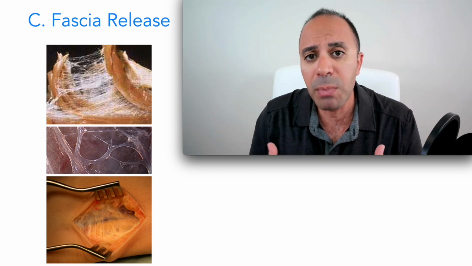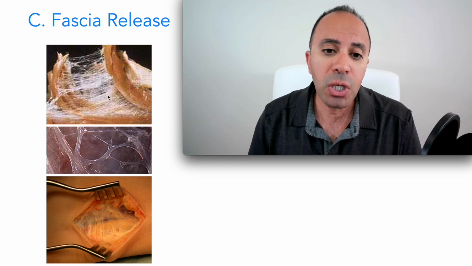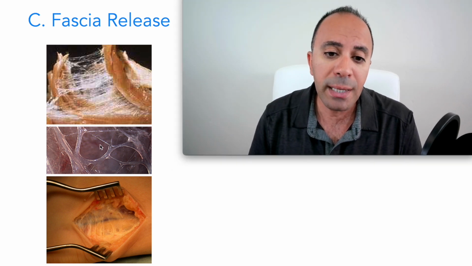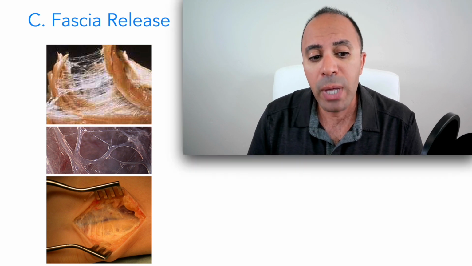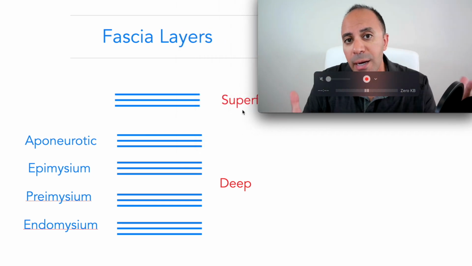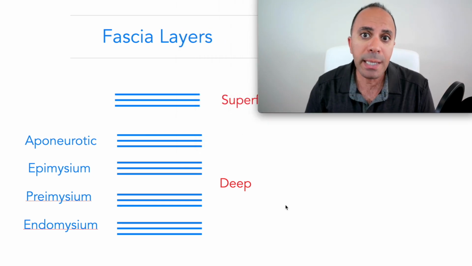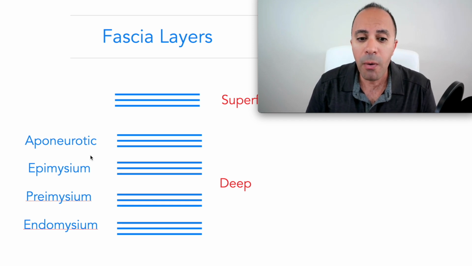It's like a Spider-Man suit wrapping the entire body. You can see it here in this image. The white tissue here, those are the fascia layers. So we have two categories of the fascia: superficial layer and deep layer. The deep layer is actually divided into 4 subcategories of the fascias.